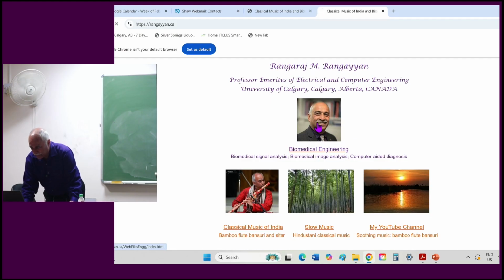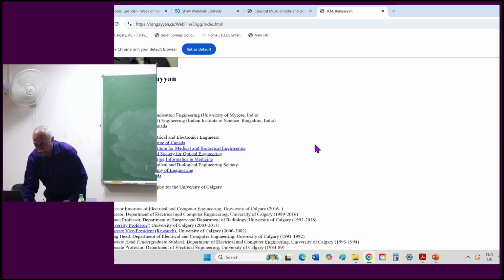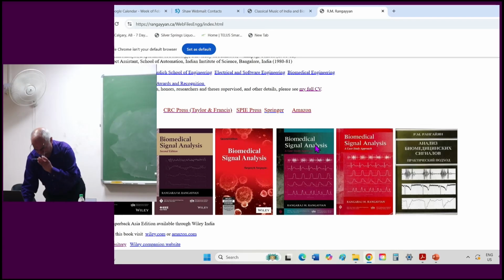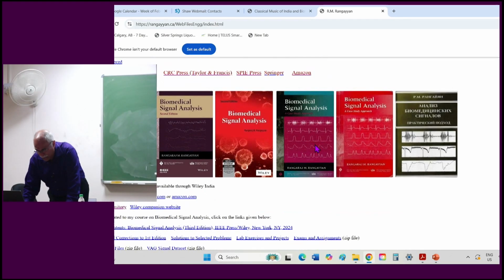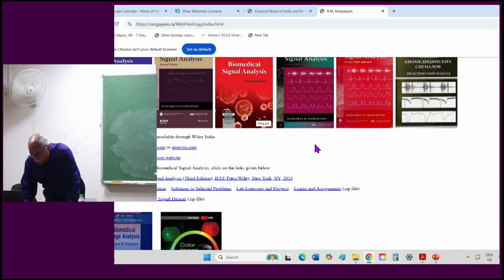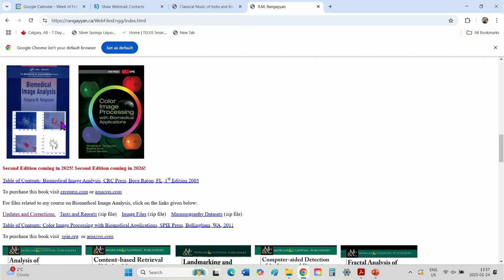So go on the engineering side, and if you scroll through, you will find something about myself and the books. But if you go under this book, you have the table of contents of the book, but as I said, second edition coming, maybe not this year, next year perhaps.